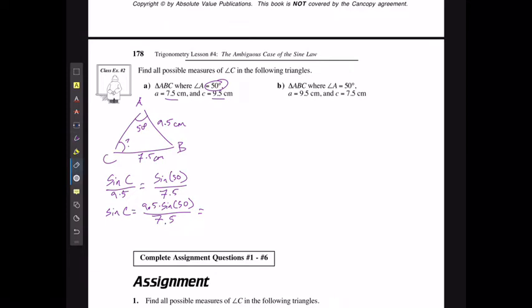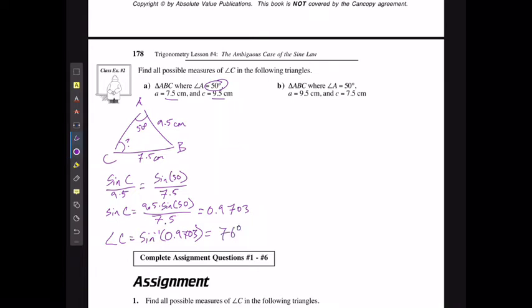And that's going to give me 0.9703, which means that angle C is going to be sine to the -1 of that, which would give me approximately 76 degrees.